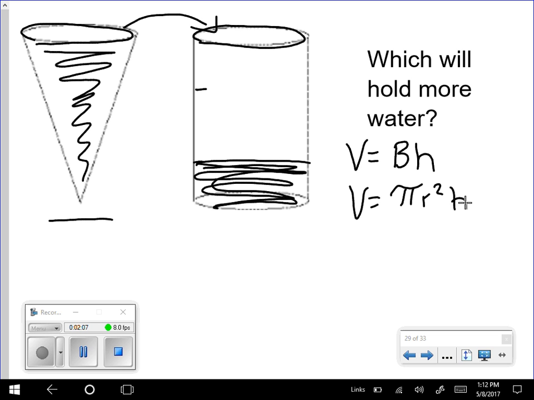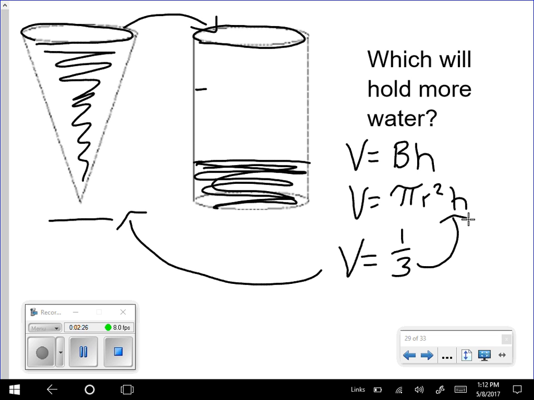Well, if when we poured the cone into the cylinder, we got 1/3 of what the volume of the cylinder was, would it be safe to say the volume of a cone is 1/3 of whatever the volume of that cylinder would be?